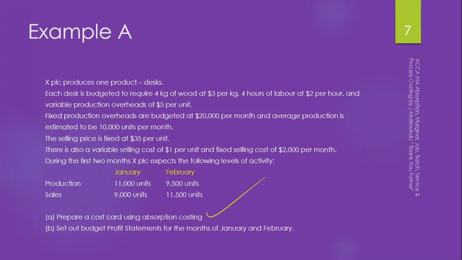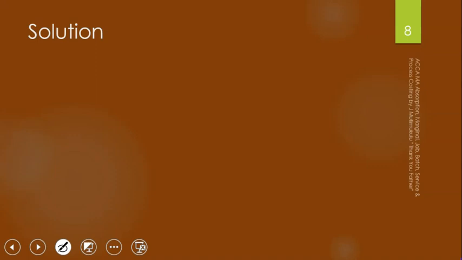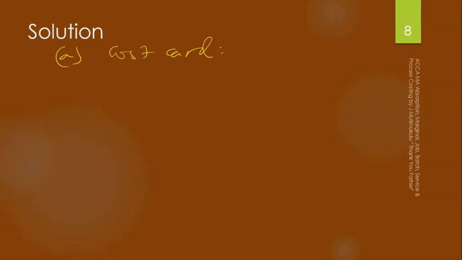All right, so we can come here and say a cost card. Okay, and we put our dollar per unit, because a cost card is usually for a unit of product. All right, so we start with our direct materials.